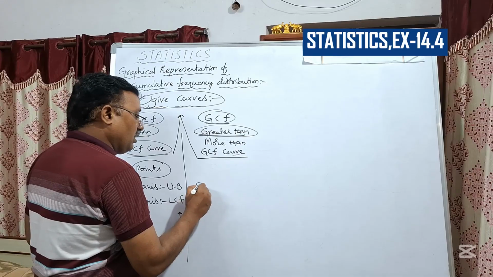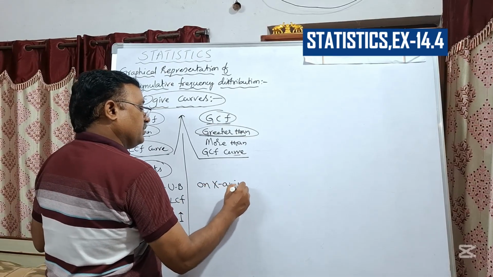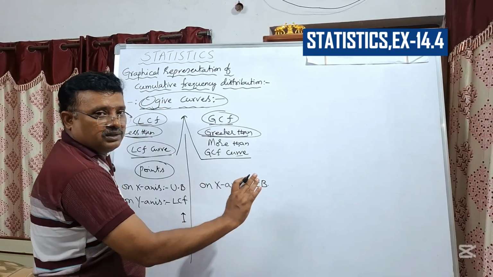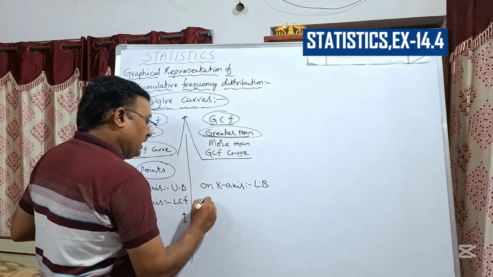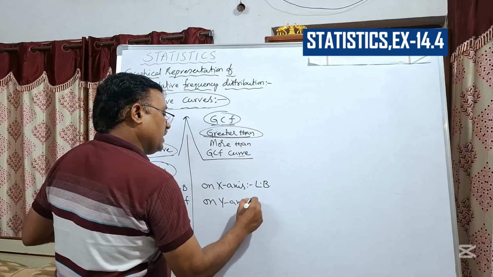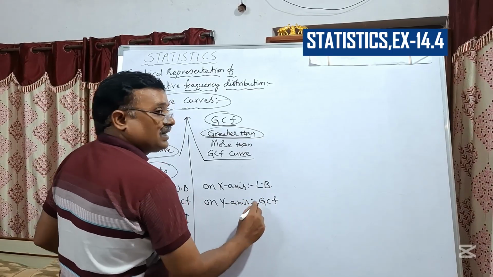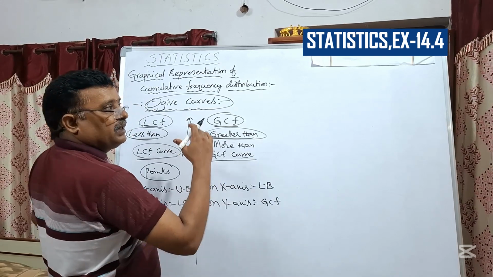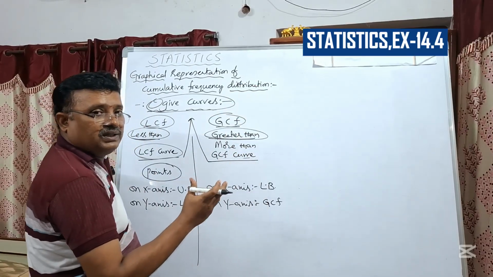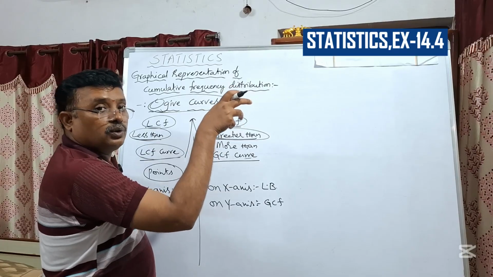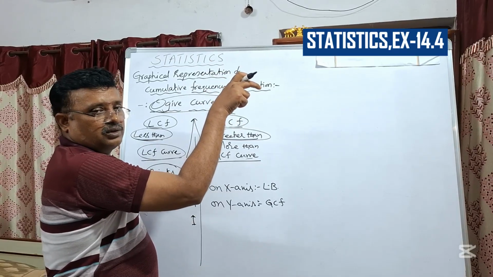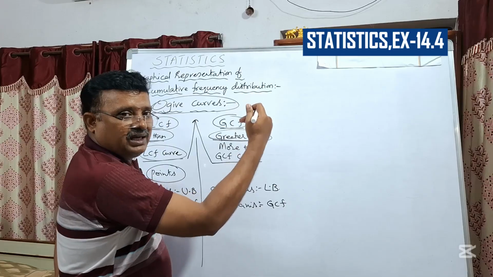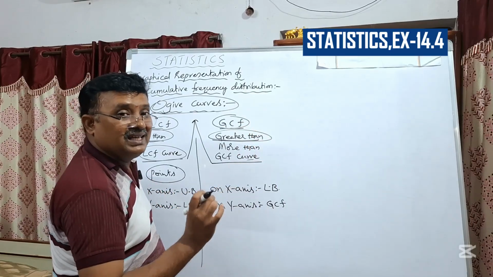For this, on the x-axis we will take the lower boundaries of the class intervals, and on the y-axis we will take GCF values, greater than cumulative frequency values. This means the cumulative frequency in the table starts with the highest value, so the total frequency becomes the first cumulative frequency, that is the greatest value is the beginning value, and gradually it decreases and reaches the least value.